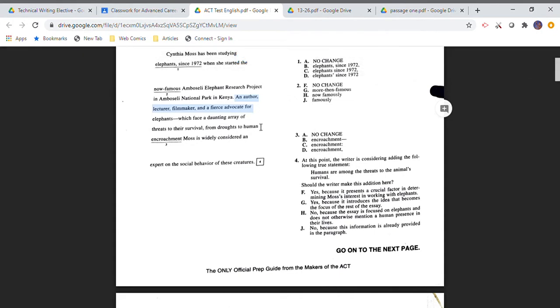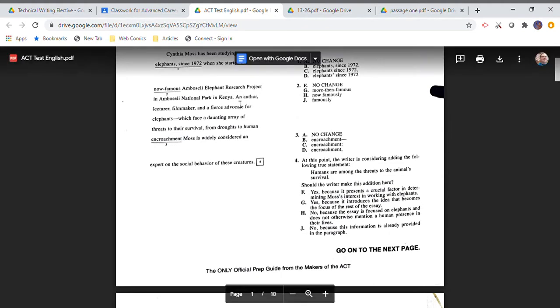And then there's this clause in here, which face a daunting array of, you can get rid of this whole thing, right, which face a daunting array of threats to their survival, and we would still be talking about Moss. This is a little flavor text in the middle, which face a daunting array of threats to their survival, from droughts to human encroachment. And it needs a pause after that to indicate that we're referencing back to the beginning of the sentence, an author.